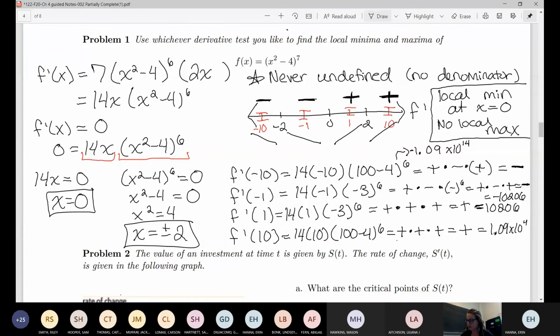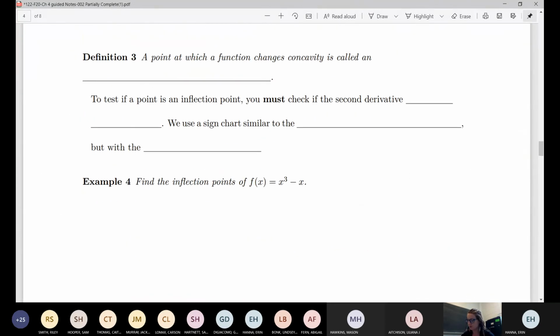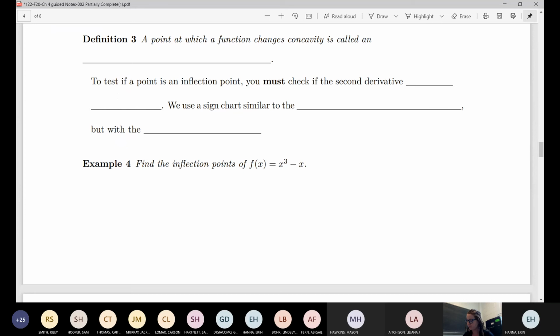So towards the bottom of this page, if this will scroll, thank you. A point at which a function changes concavity is called an inflection point.